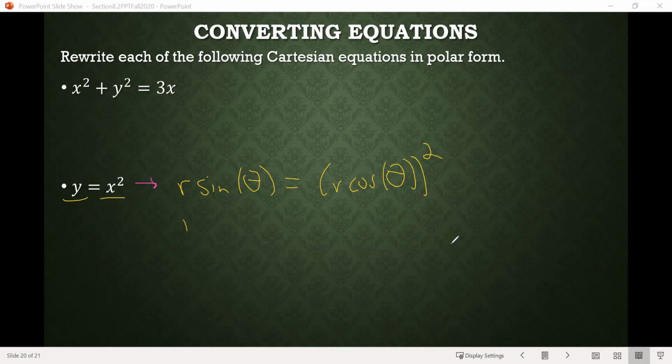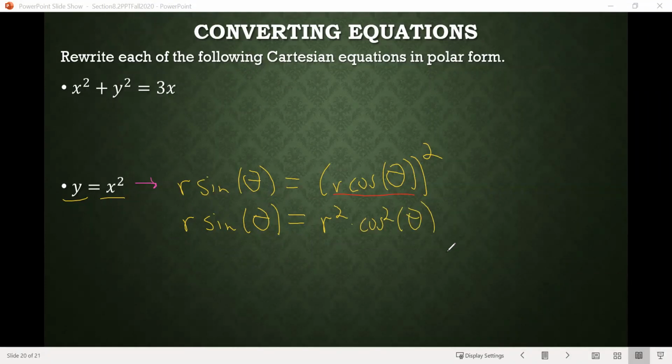And if we simplify that some more, we have r sine theta equals, on the right-hand side, everything inside the parentheses is being squared. So we would have r cosine times r cosine. If we square both of those, that will give us r squared times cosine squared of theta.